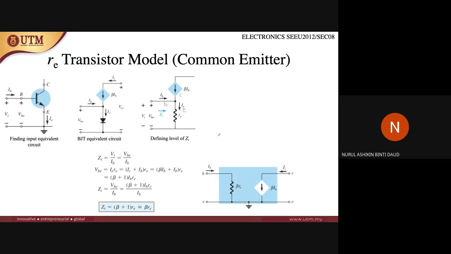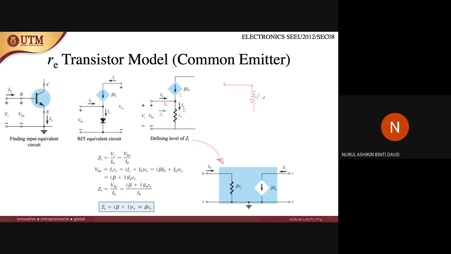To redraw from this circuit to represent it like this, what you should do is know where the base is and where the emitter is. If you look here, the base and the emitter are connected. This is the input part. So in the input part, there is a base, and then there is an RE here.